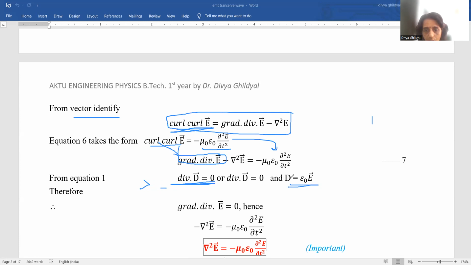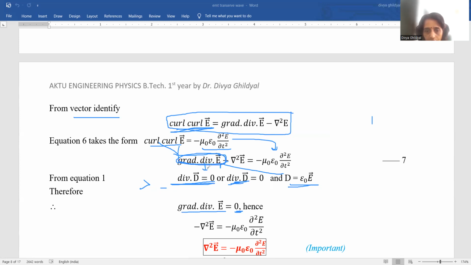Why will it become 0? Because divergence D is 0 and D is epsilon naught E. So gradient of divergence E becomes equal to 0. That means this quantity becomes equal to 0.